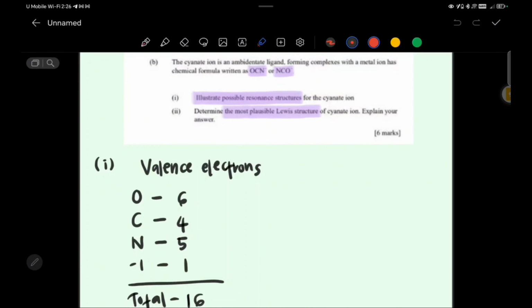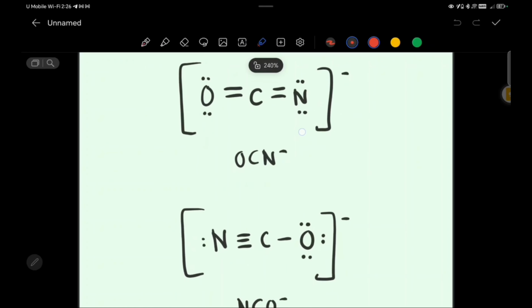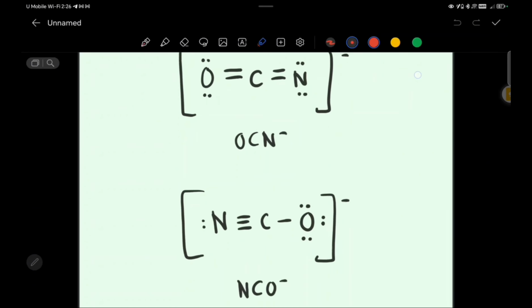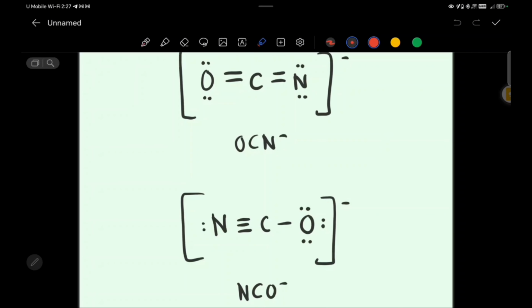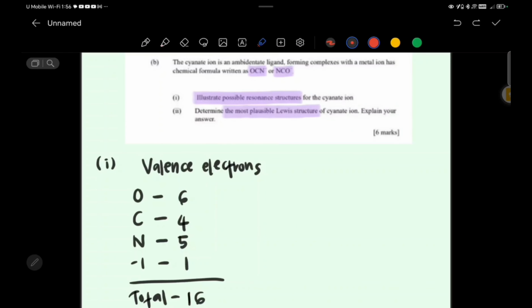So we add all of this: 6 plus 4 plus 5 plus 1 equals 16. So now this is the OCN structure, and this is the NCO structure.